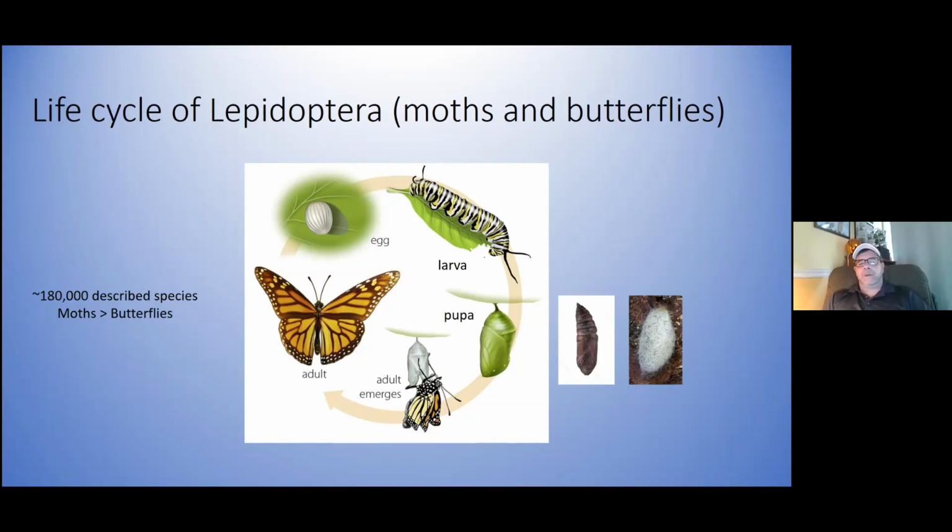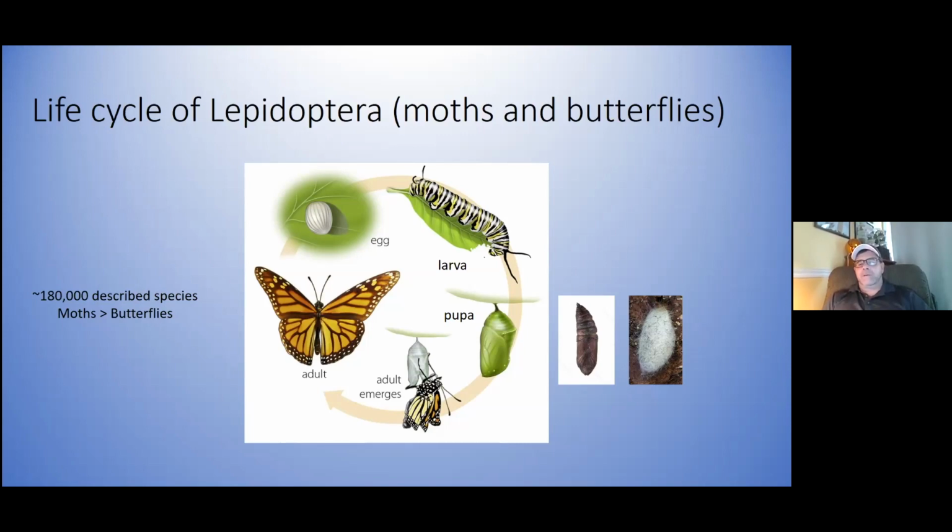Then when that's completed, it moves on to the pupal stage, which is a really interesting phase. I depicted a couple of different pupae here. One is a monarch butterfly, which is part of this cartoon. Butterflies have a special name for these sculptured naked pupae: they refer to them as a chrysalis.